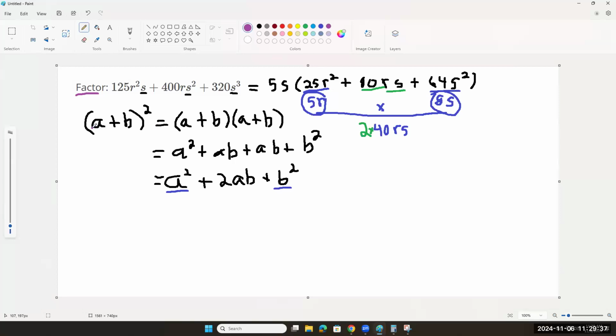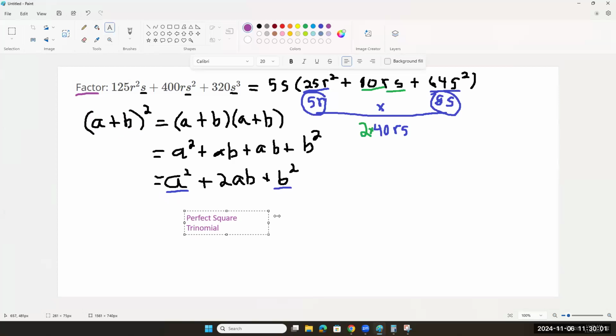Well, whenever in the past you've multiplied this, what you ended up with is something we call a perfect square trinomial.